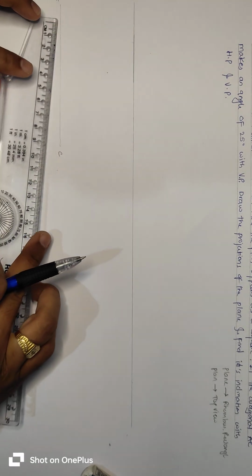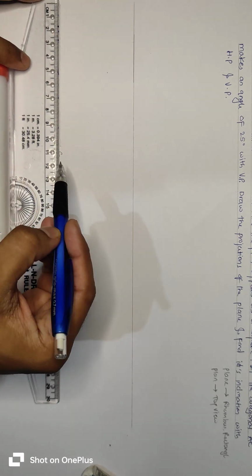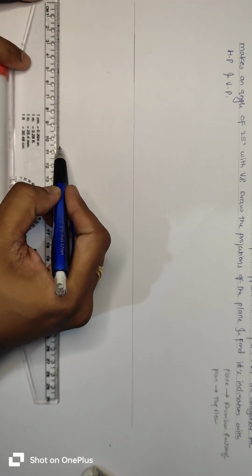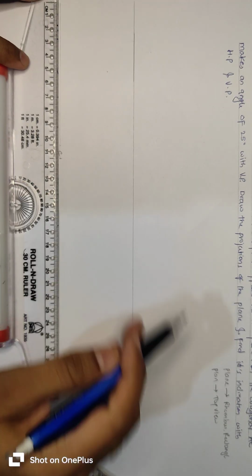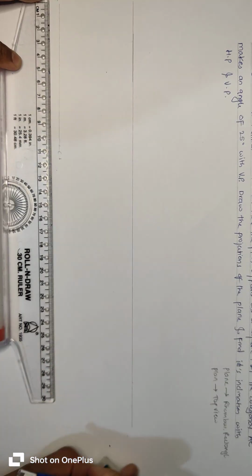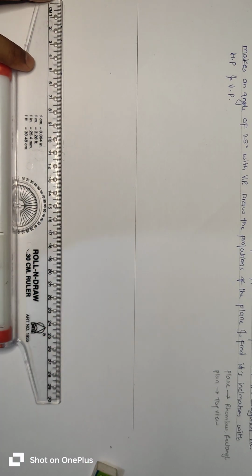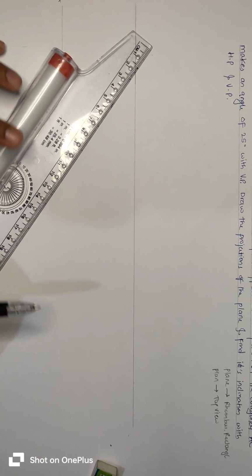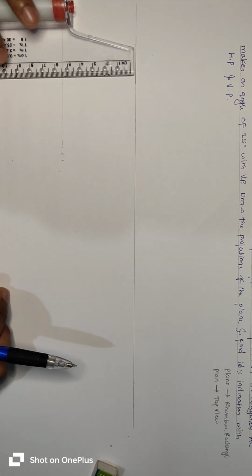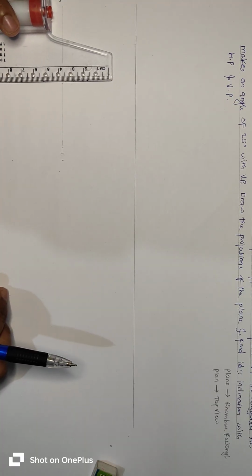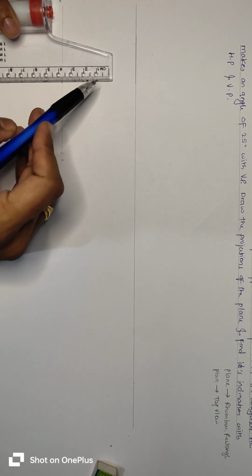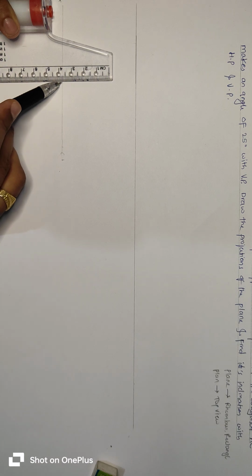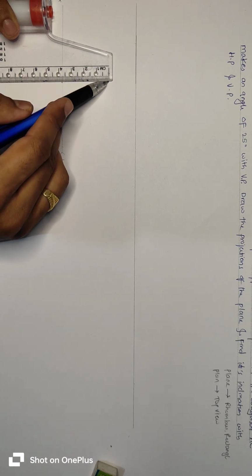Now from the midpoint of this diagonal, 115 mm, the midpoint is 57.5. So from this point draw 75 such that on both sides there is an equal length. The midpoint of 75 is 37.5, so take 37.5 on each side of the midpoint and draw this line.